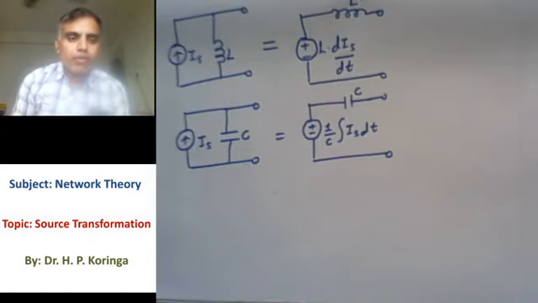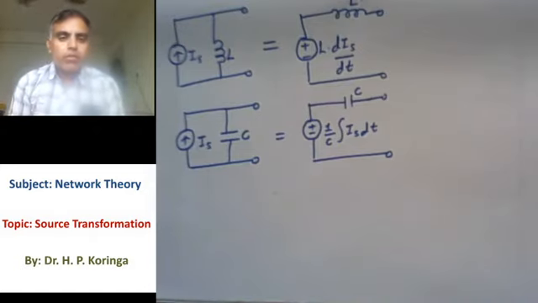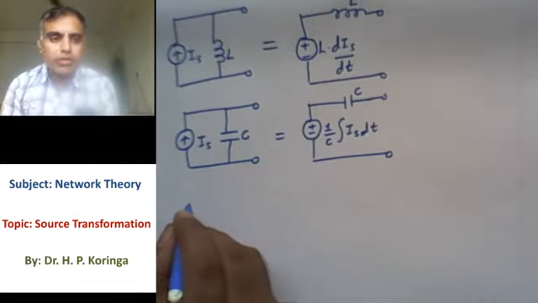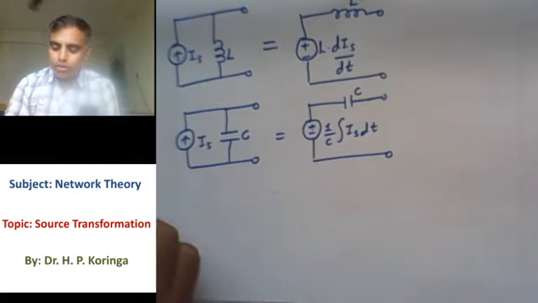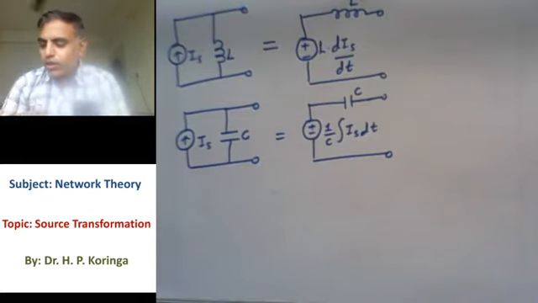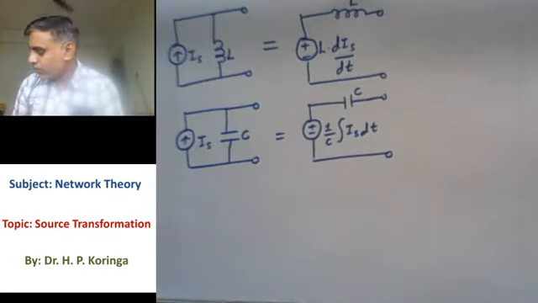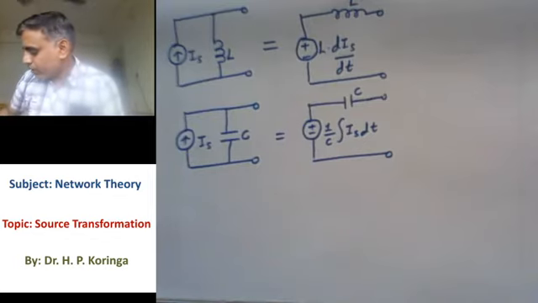So these are the different rules for the source transformations. So in a source transformation, we can convert a voltage source into an equivalent current source, or a current source into an equivalent voltage source.